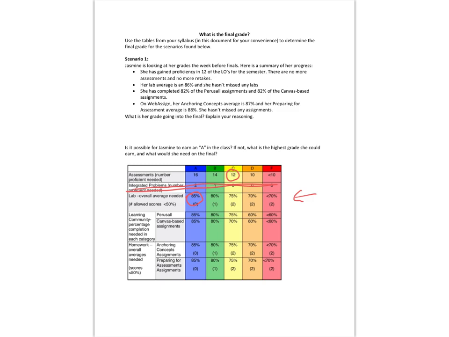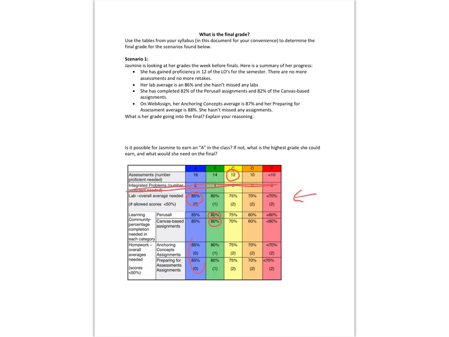She has completed 82% of the perusal assignments, so 82 is below 85, so that puts her at a B level for perusal, and 82% of the Canvas-based, so same thing happens for Canvas-based assignments. And then at WebAssign, her average is 87 and 88 for the anchoring concepts and her preparing for assessment.